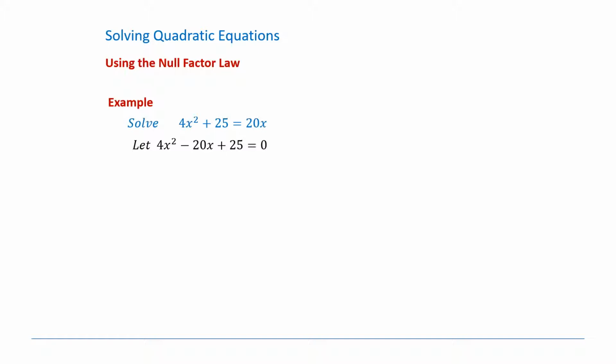Your next question is, is it a perfect square? So let's try to factorize this. 4x squared, I can actually write 2x and 2x. And then, as I cross multiply, the middle term is negative and the last is plus, and it tells me that it should be a negative number times a negative number. Negative 5 and negative 5 will give you 25.